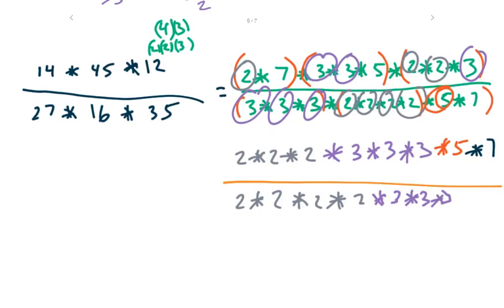We just have 1 5, and then we have the 7. Okay, color coded it to make it a little easier on the eyes to look at what's going on.